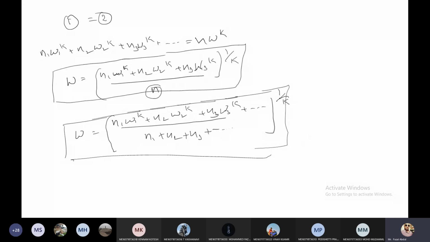Now this K depends upon the type of bearing. If it is a ball bearing, we substitute K as 3, and if it is a roller bearing, we substitute the K value as 10 by 3.